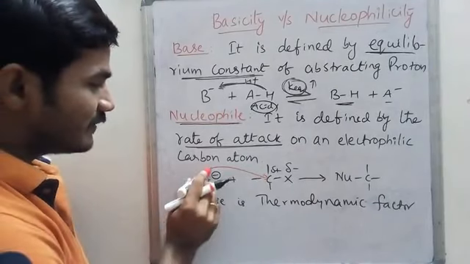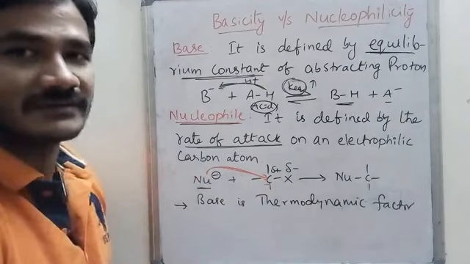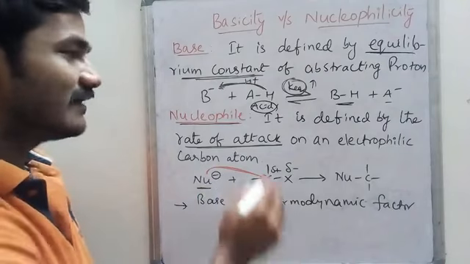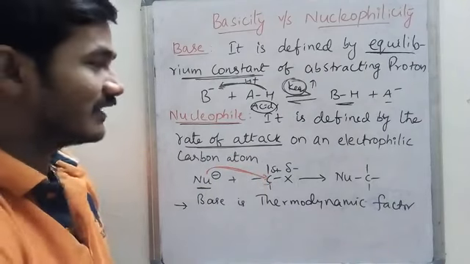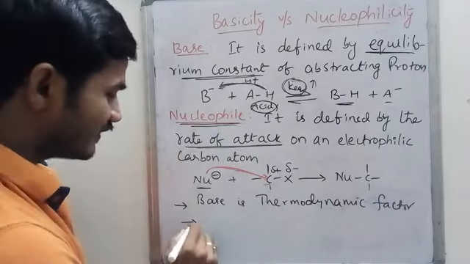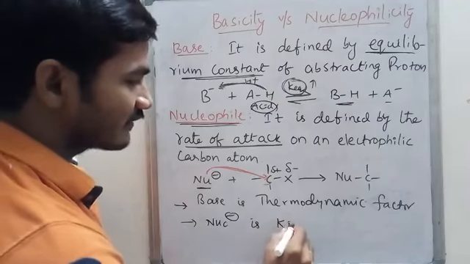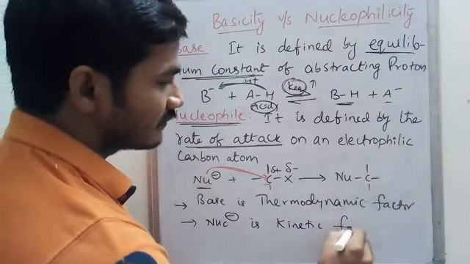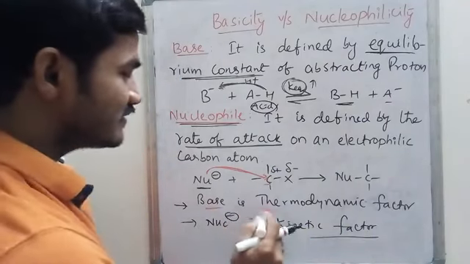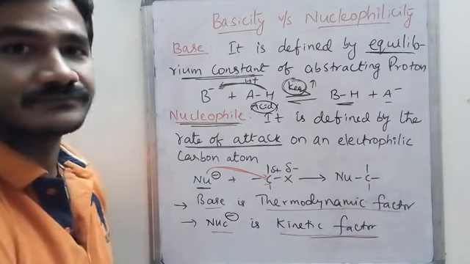So what is the speed, the rate of attack of the nucleophile at this electrophilic carbon? That is nucleophilicity. So I write it here: nucleophile is a kinetic factor. Base is a thermodynamic factor, nucleophile is a kinetic factor.